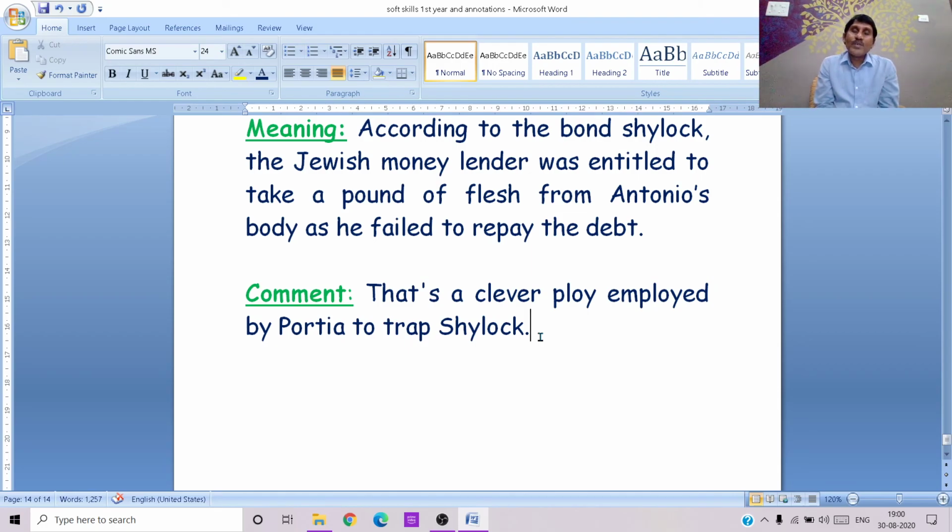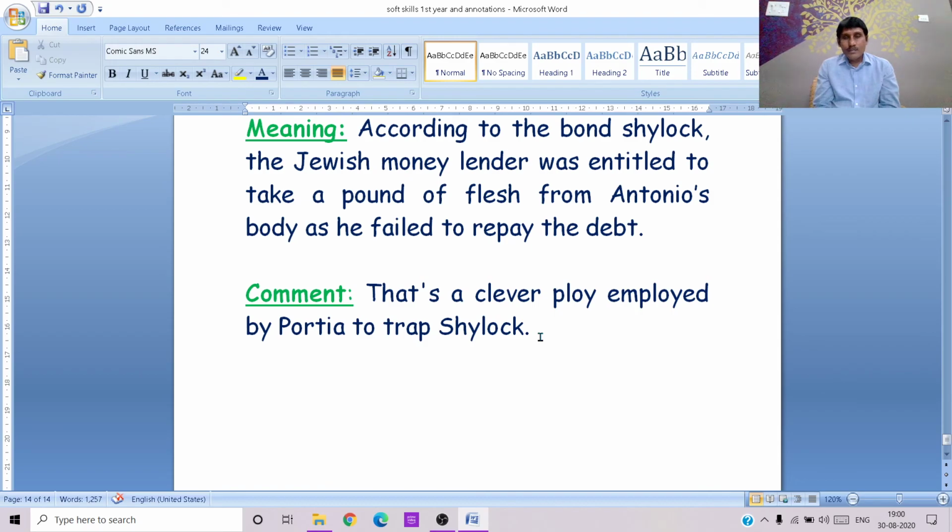In fact, he was trying to kill him. What is the punishment for killing a person according to the law of the land? He should forego his property. Half of the property would go to the state, that means the city, and half to his own daughter. Okay. So these are the conditions again.